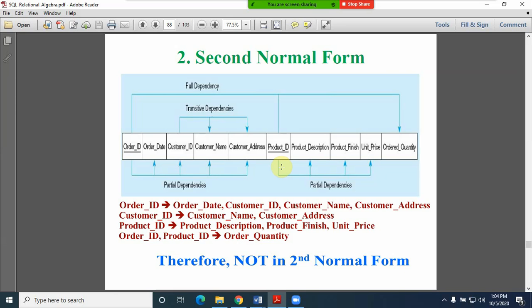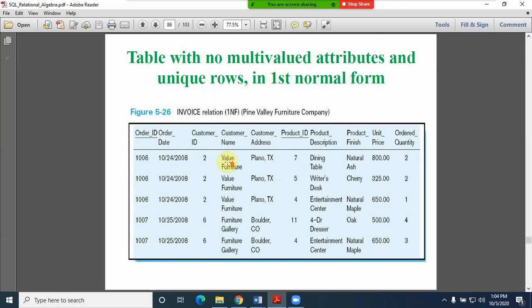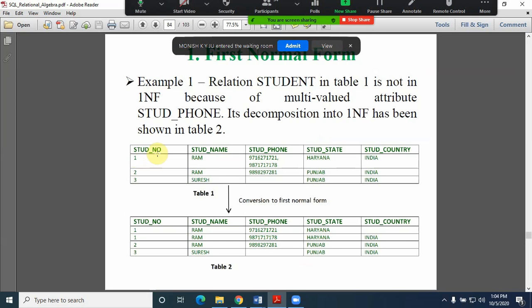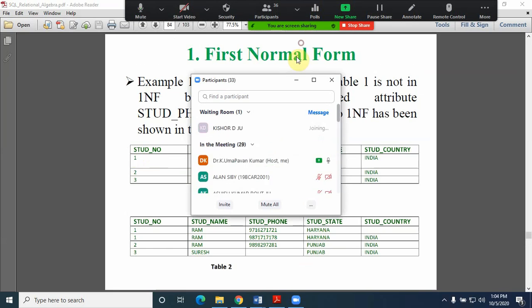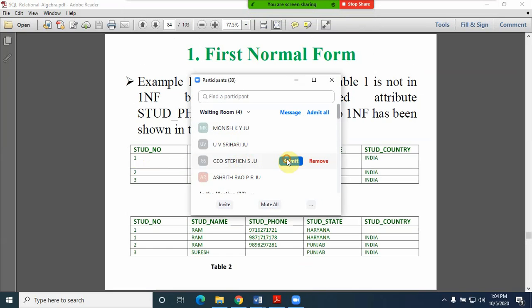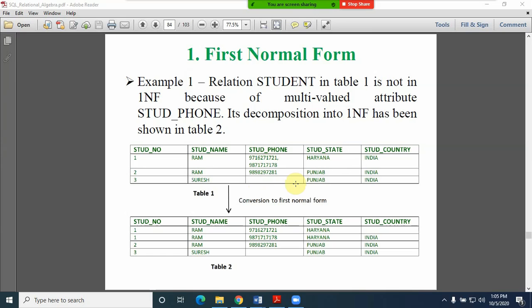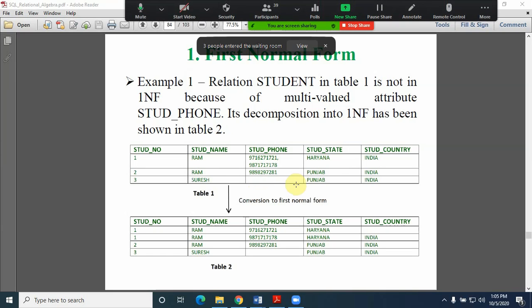That is the definition. When you observe this example, you can see student number, name and as well as the phone number, state, likewise we have. If you observe these kinds of things, automatically you can easily refer. With the help of the standard examples, you can easily explain the concept.